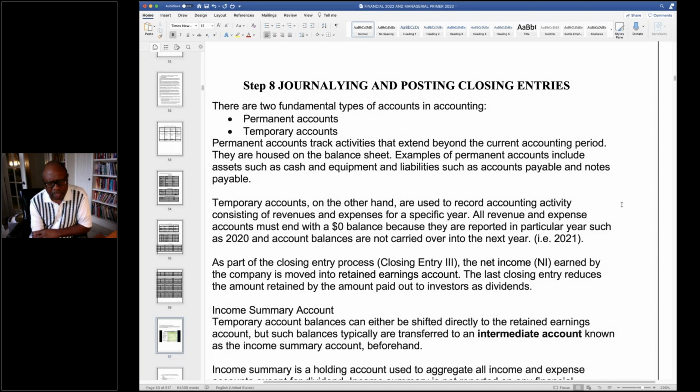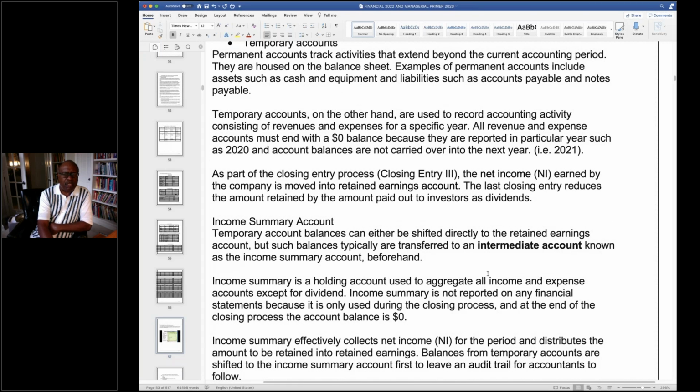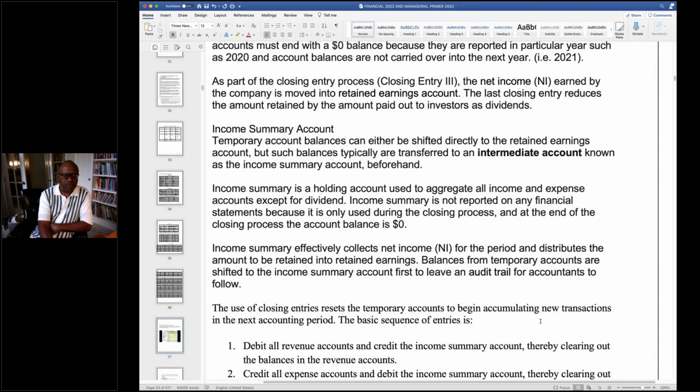We could put all of the revenue, expense, and dividends into retained earnings, but it would be very difficult to prepare those financial statements that we're doing. And so we put them in separate accounts temporarily until the end of the year. We do the financial statements, and then we close them all out. And we use an intermediate account, income summary, for part of the closing, so we only have a couple of entries in retained earnings. And we'll talk about that in a few minutes.